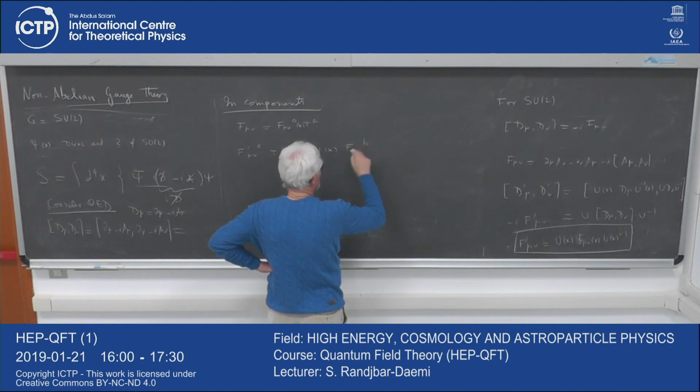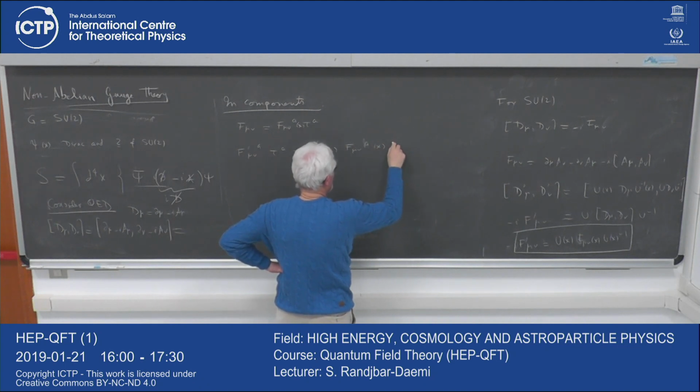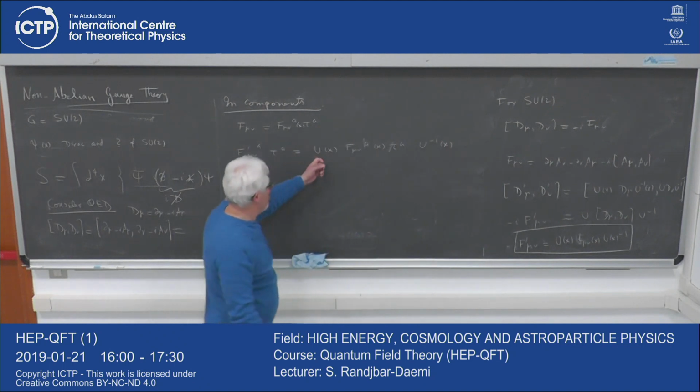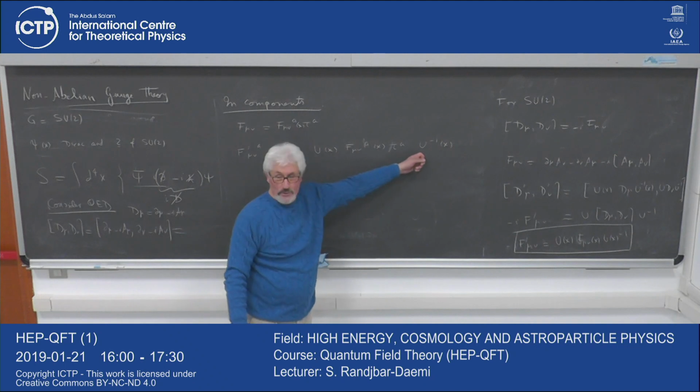U(x) F_mu nu^a tau^a U inverse(x). But you told me that U times tau^a times U inverse is just the adjoint representation.